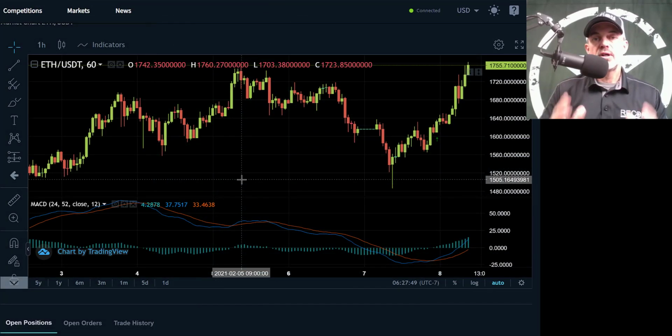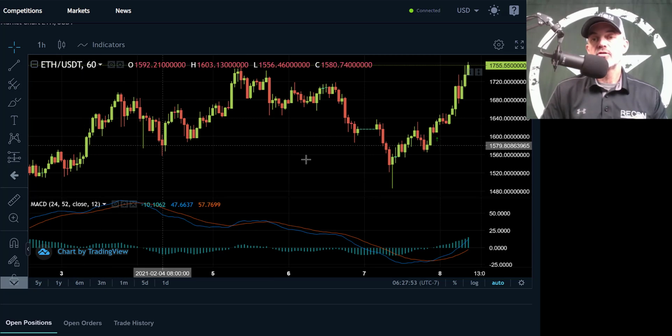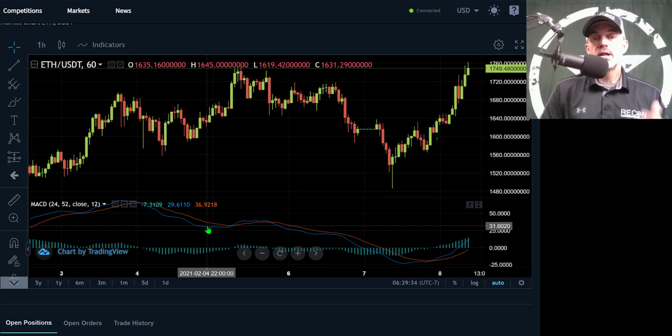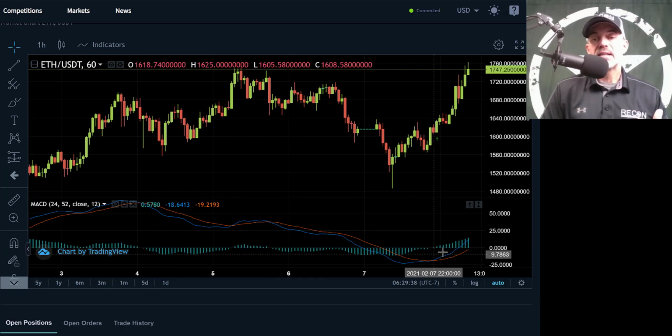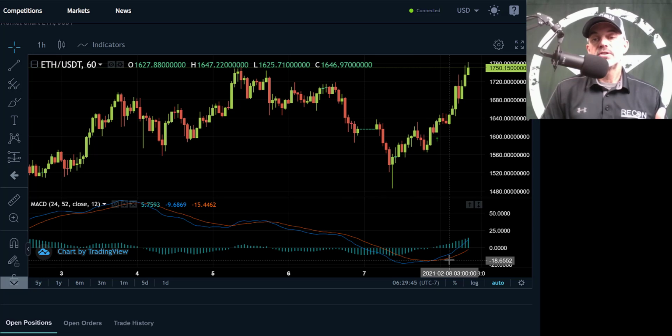And another benefit of joining the Quadency platform is you also get access to TradingView charts, which is the charting software I actually use. What I mentioned earlier is the bot is triggered by this blue line, the MACD line, crossing above this orange line, or the signal line, and that will trigger a buy.